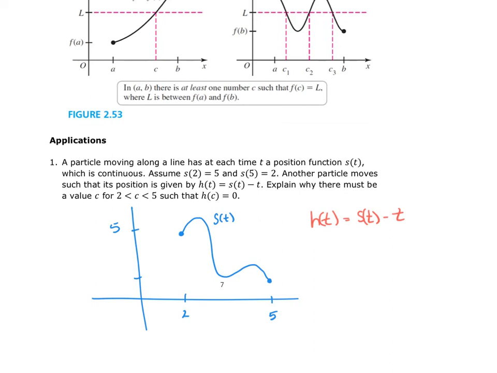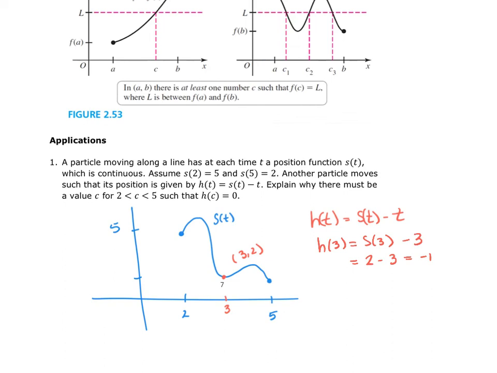As an example, say that this is 3, and let's assume, this is just an assumption, that this is the ordered pair (3, 2). Now, h of 3 is s of 3 minus 3. That means h of 3, which is 2 minus 3, is equal to negative 1. Now, we've crossed the x-axis.